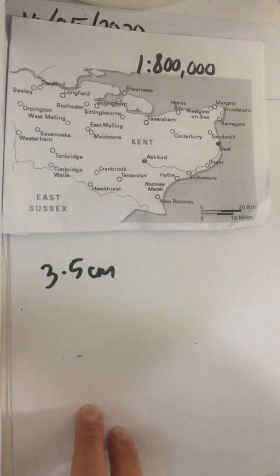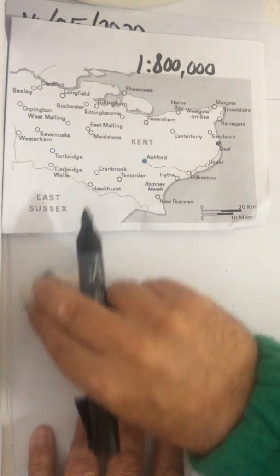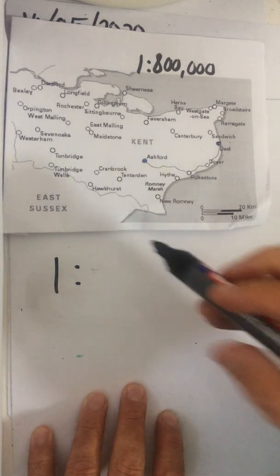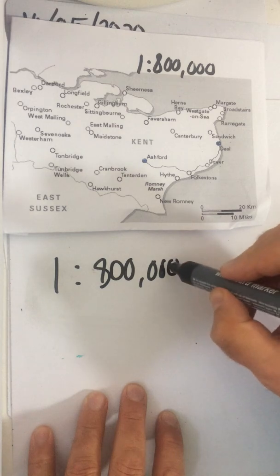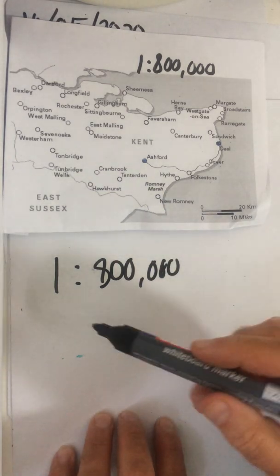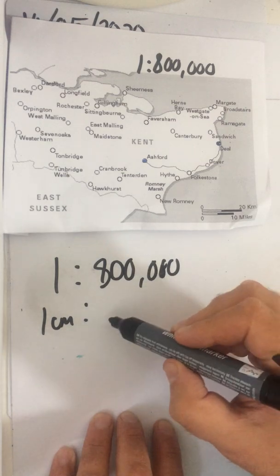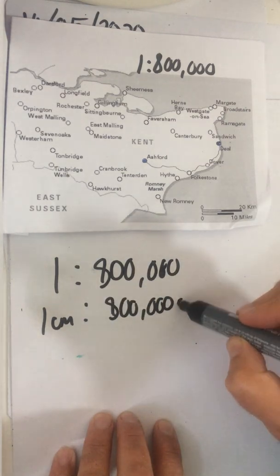And then I'm going to convert that into the real life distance. So let's look at my initial ratio, 1 to 800,000. Now I think, again, if I want to know the real life distance, it's just easier for me to turn this into more manageable numbers. So that would be 800,000 centimeters.